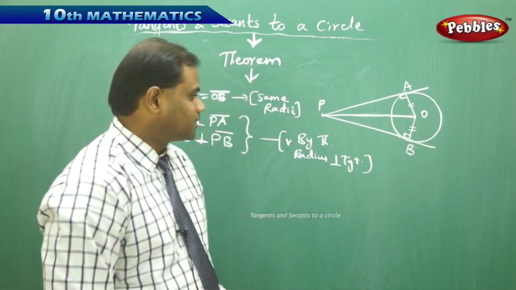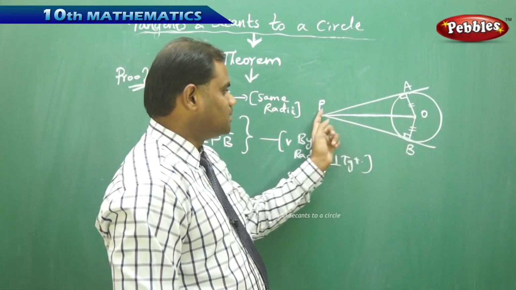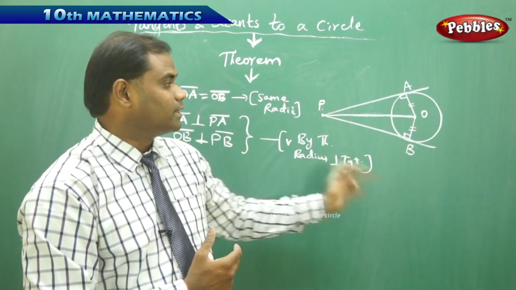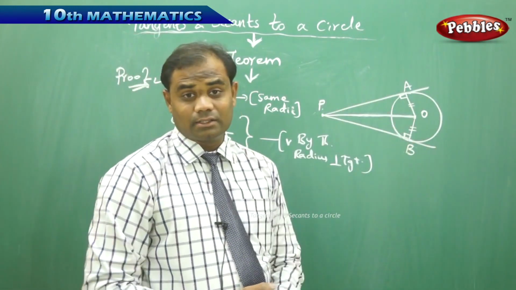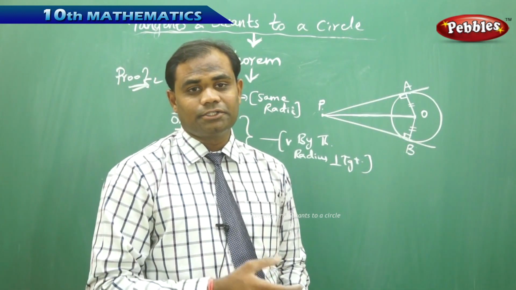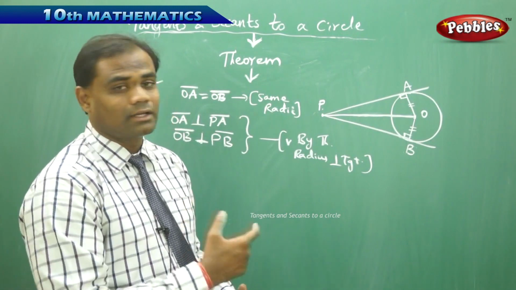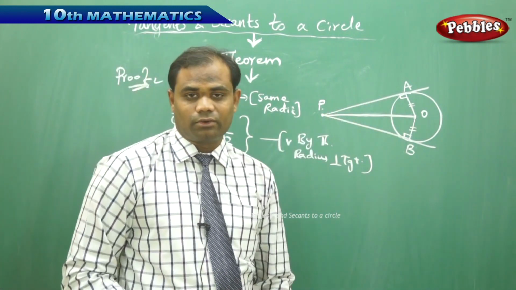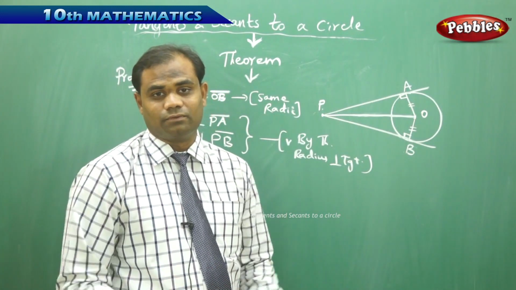Now, as I see the diagram here, I identify two triangles, OAP and OBP, which are part of the entire diagram. I would like to take these two triangles and show that they are congruent. Showing the congruency will help me finally conclude that PA is equal to PB. So let's see how the congruency leads to the final proof.